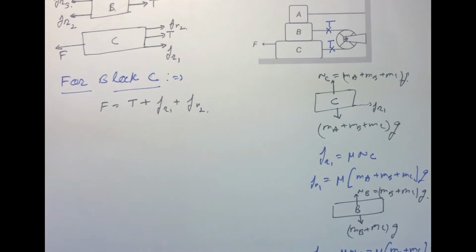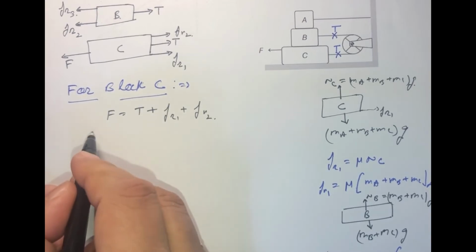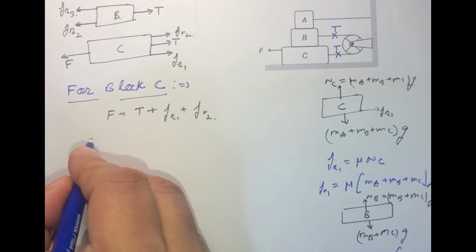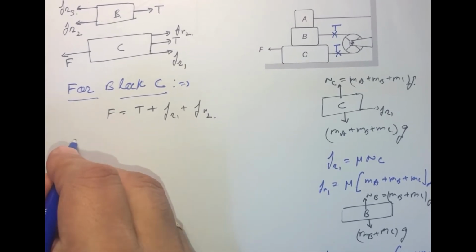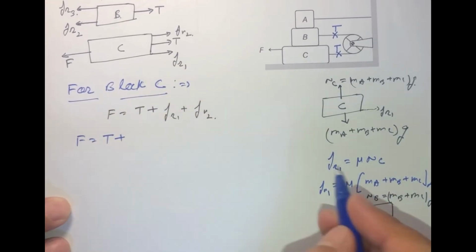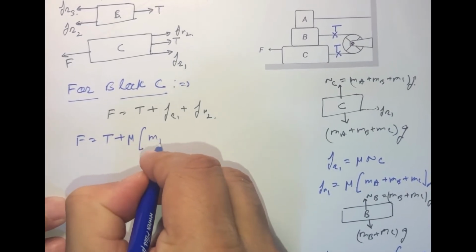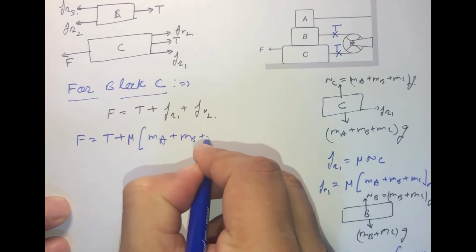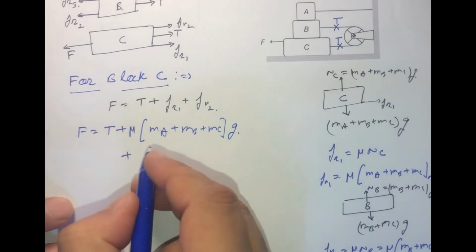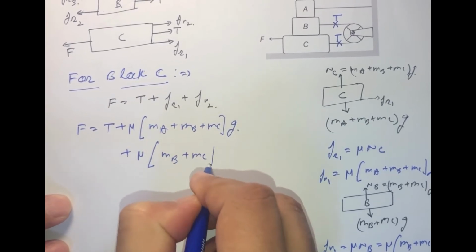So if we substitute the values we get F is equal to T plus FR1, which is mu into MA plus MB plus MC into g, plus FR2, which is mu into MB plus MC into g.